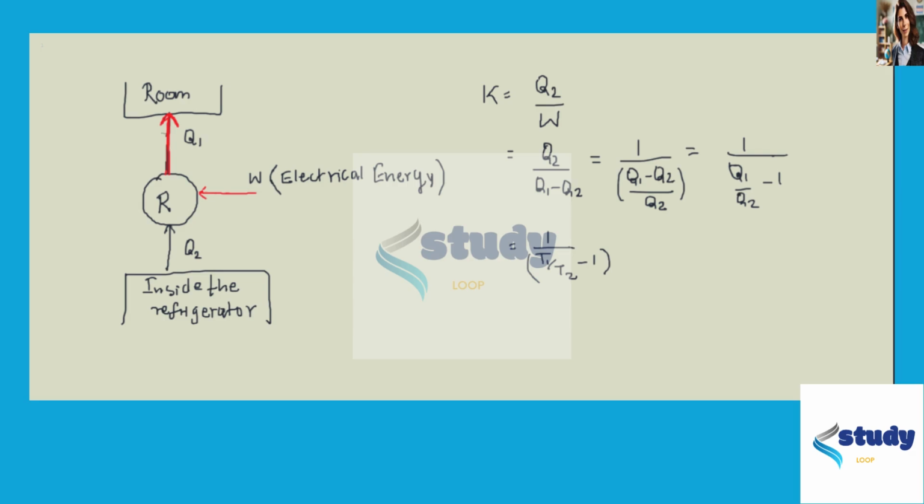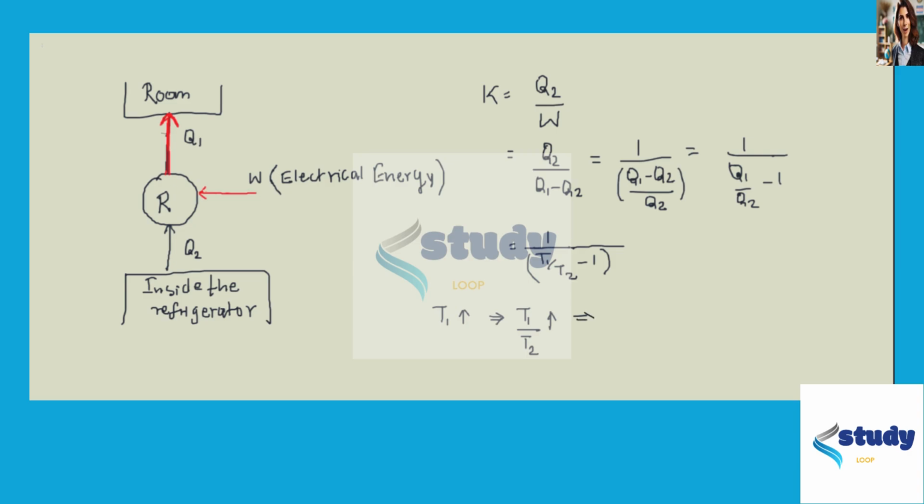Okay. Now what we need to see is that if the room is warmer, it consumes more energy, right? So if the room is warmer, that is, T1 is high, then this implies that T1 by T2 will also become high.